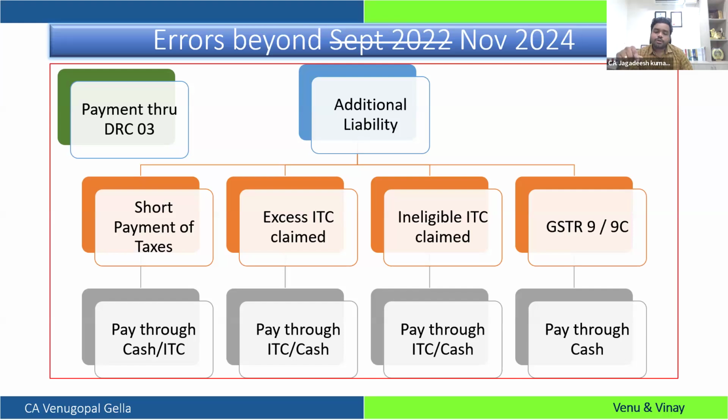The answer is no, because you cannot pay past liability with current ITC. But if we have maintained, let's say, 2 lakhs since April 2023 till date, and now you need to reverse only 1 lakh, in that case you can use your ITC balance to discharge this liability. So that's the reason we recommend paying only through cash in case of any DRC 03 payments.